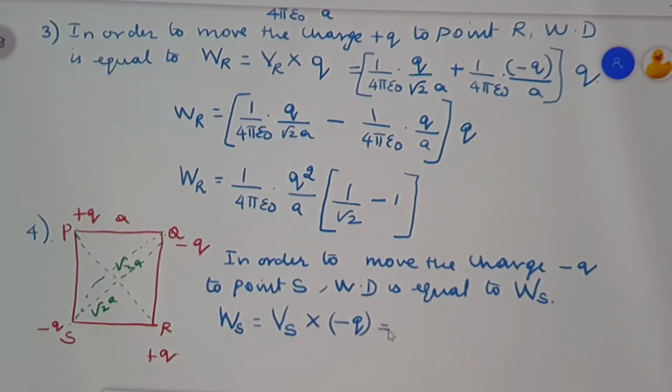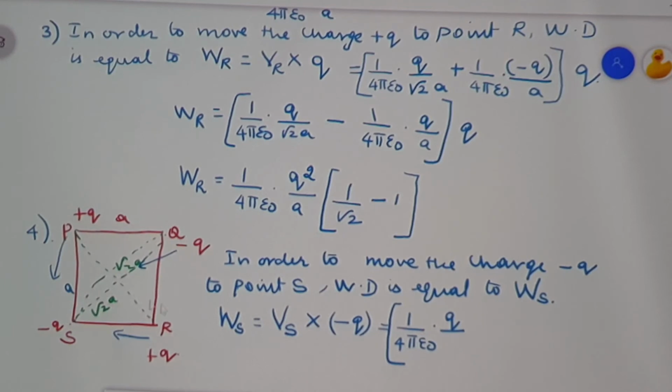Now you have to write what is the potential at this point S. You will be having three potentials. One due to the charge plus Q at P, one due to the charge minus Q at Q, and another one due to this plus Q at R. So one by one I am writing. Potential at S is the algebraic sum of, first, the potential at S due to P. So 1 divided by 4 pi epsilon 0 into Q divided by, what is this distance?